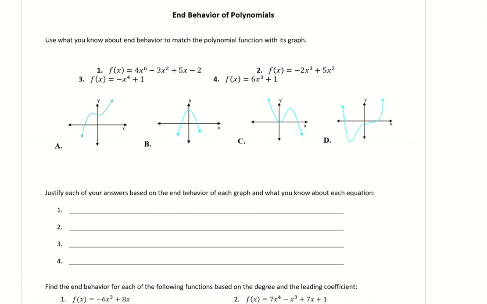So all you need to do is reference that chart, and then it's pretty straightforward. So looking at 1, the two things you look at when doing end behavior are the leading coefficient and then the degree of the polynomial. So this one has a positive leading coefficient and an even degree.